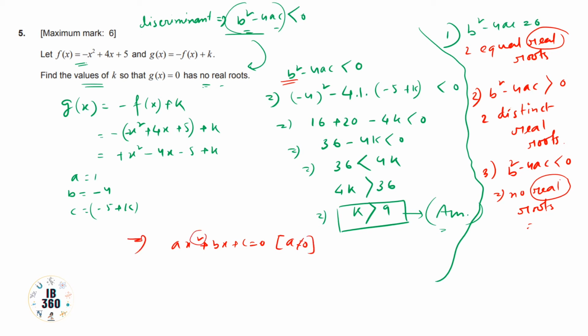So if the degree is 2, there must be two roots. But we are not defining whether it will be real or complex. It will be real or complex. So here you have to write, if b square minus 4ac is less than 0, then we find no real roots. This line is very important. I think you have understood that part.